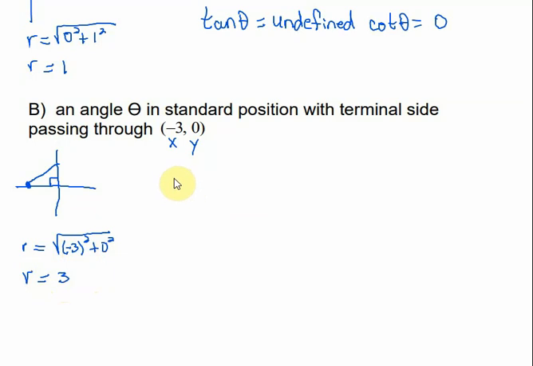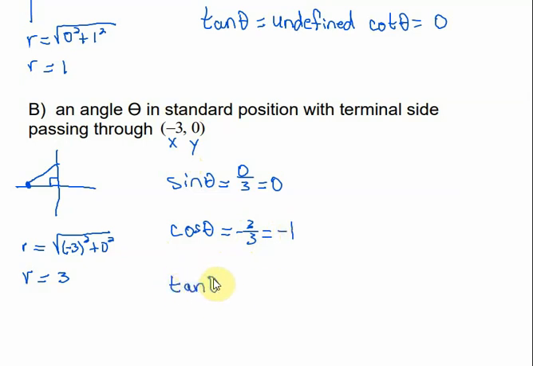Okay, so sine of theta is y over r, so that's 0 over 3, which is 0. Cosine of theta is x over r, so that's -3 over 3, which is -1.